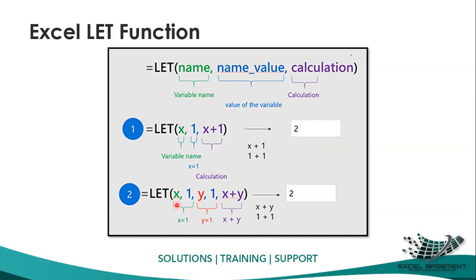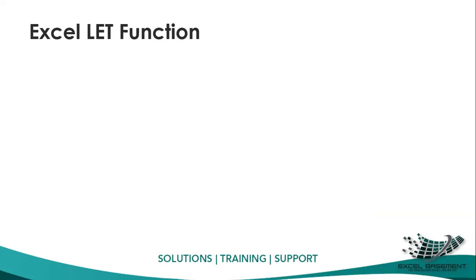So in the LET function, if you define a variable x and assign value 1, then one more variable, which is y, with a similar value, and then you add the two variables together in the calculation, x plus y will definitely be 2 as an output. This will be the result, right? Now this is very basic fundamentals, but when we execute the examples, you will understand more easily.